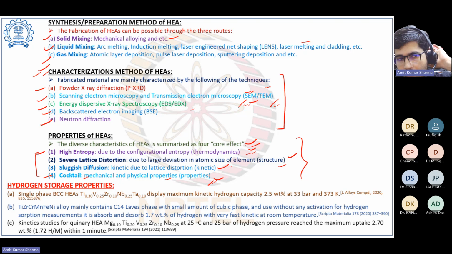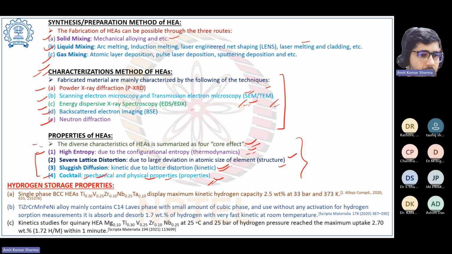Then the properties: because you have different elements, the mechanical properties will be different, the physical properties will be different. Due to the kinetics, the behavior will be different. So these come under the properties.